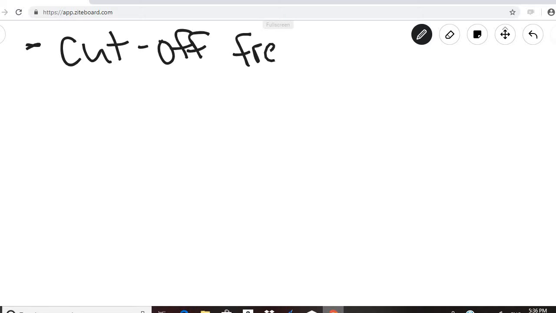Another observation was that each metal had its own cutoff frequency. The cutoff frequency at which the electrons would come off the metal was different depending on what the metal was. So if light was below that frequency, then the electrons wouldn't be emitted.